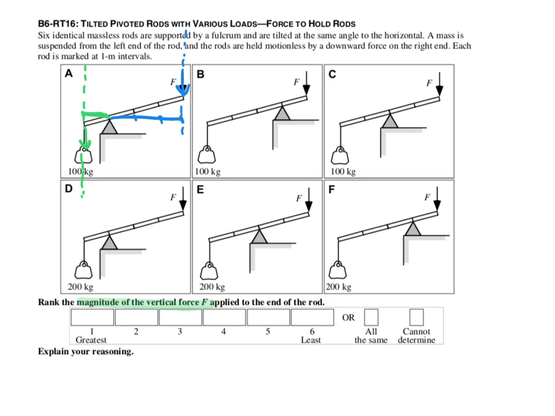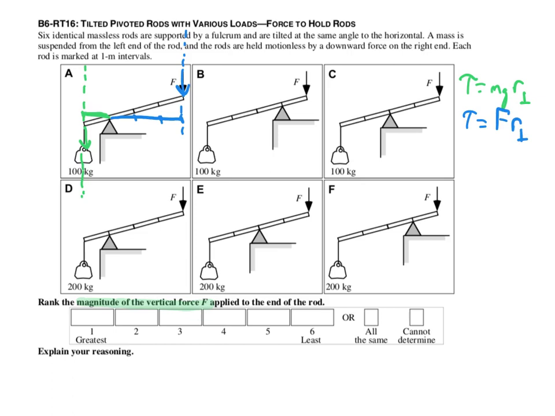So let's compute the various torques in each case. I'm going to call the force 100. I'm not going to worry about the factor of G because in general the torque is the mass times G times the moment arm, or the torque of the other force is F times its moment arm.